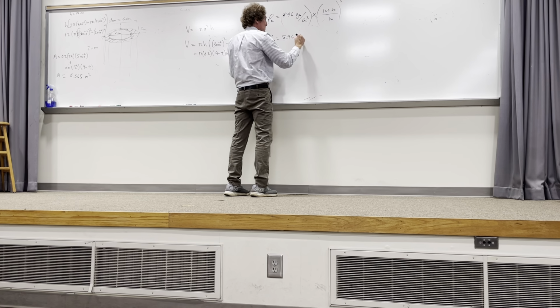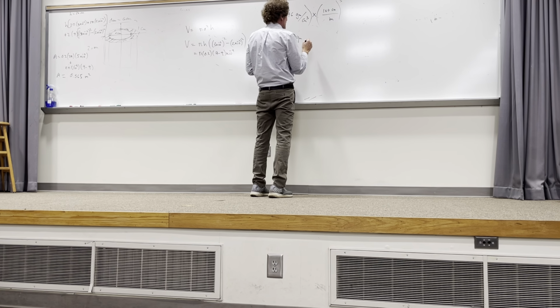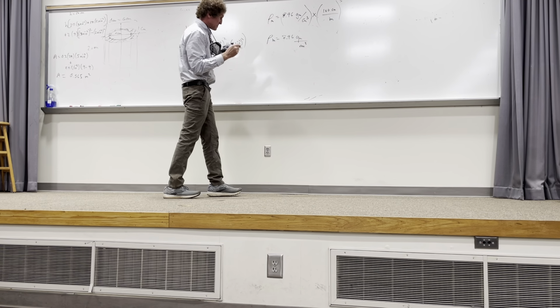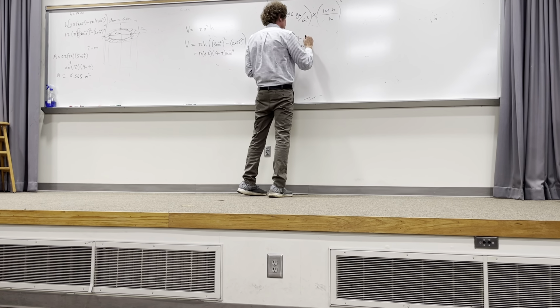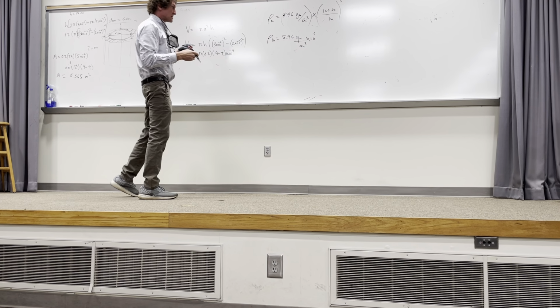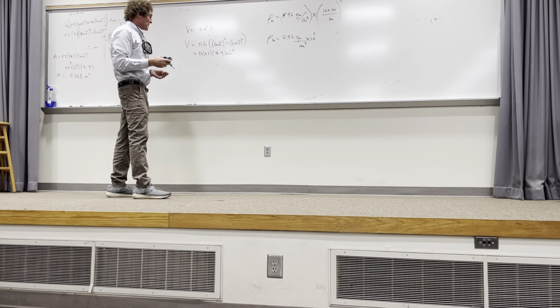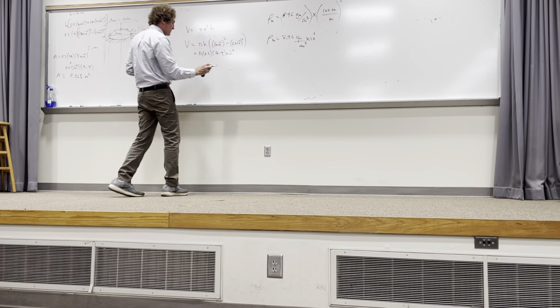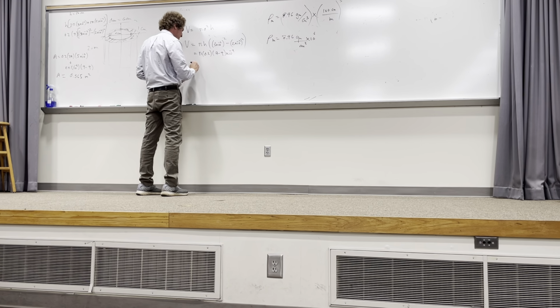So the actual density per meter cubed would be 8.96 grams per meter cubed, and now times 10 to the 6th. 8.96 times 10 to the 6th grams per meter cubed, and you'd multiply it by this volume, whatever it is. What is this volume anyway?